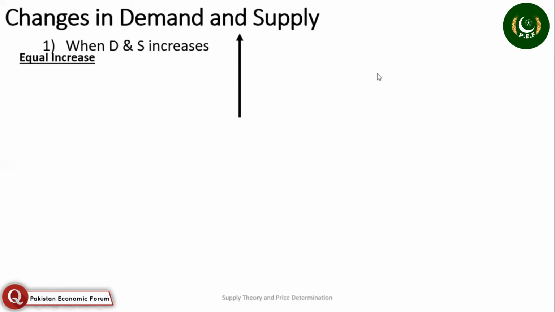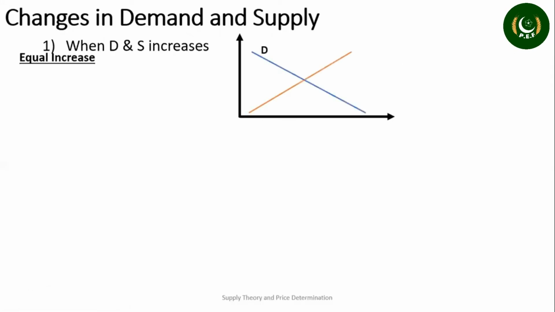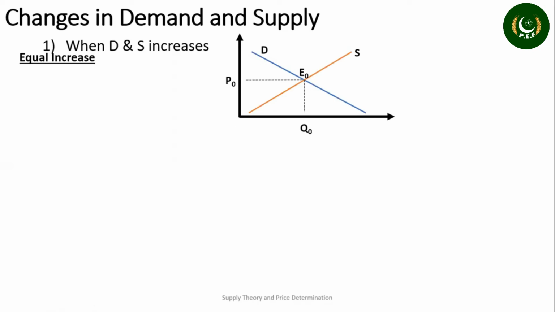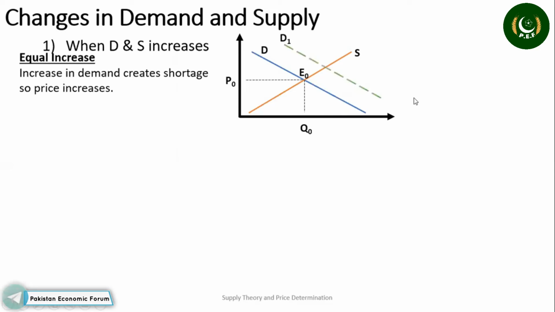Now we discuss the situation when both demand and supply increase simultaneously. Let's first discuss the case of an equal increase in both demand and supply. In this case, the demand curve will shift to the right and the supply curve will also shift to the right. First, the demand curve shifts to the right.